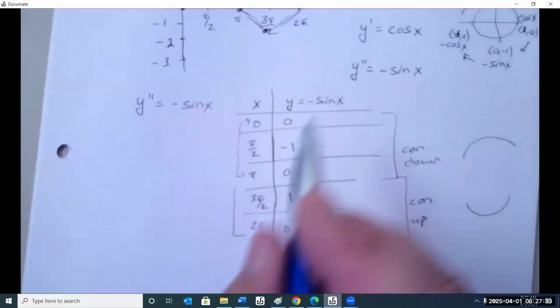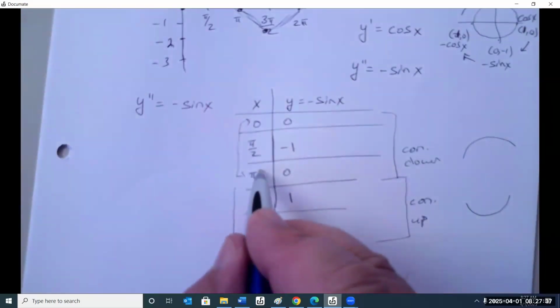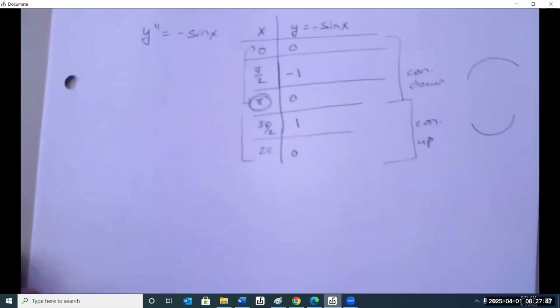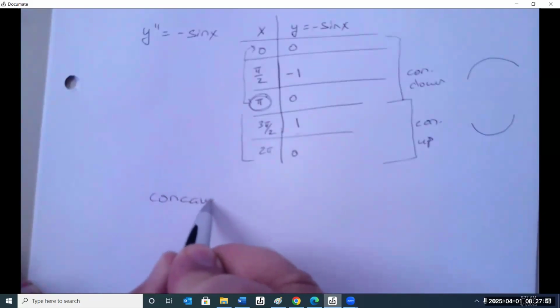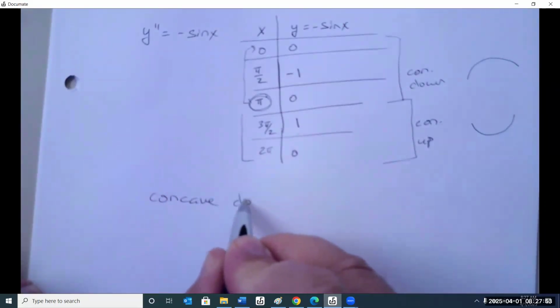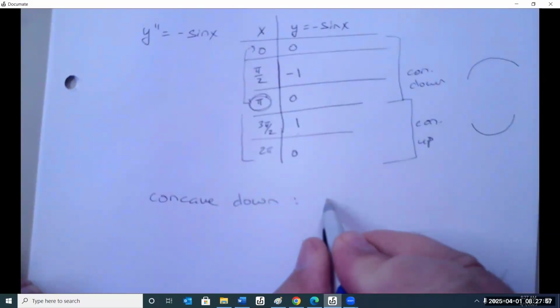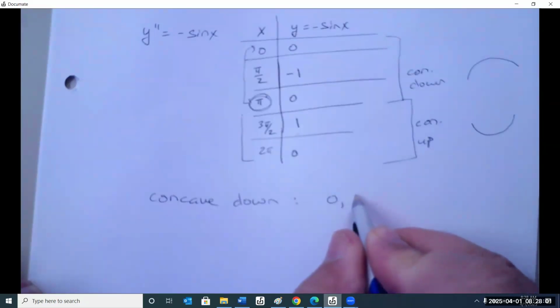And in the whole domain, we have 0 at pi. So we have concave down when x is between 0 and pi.